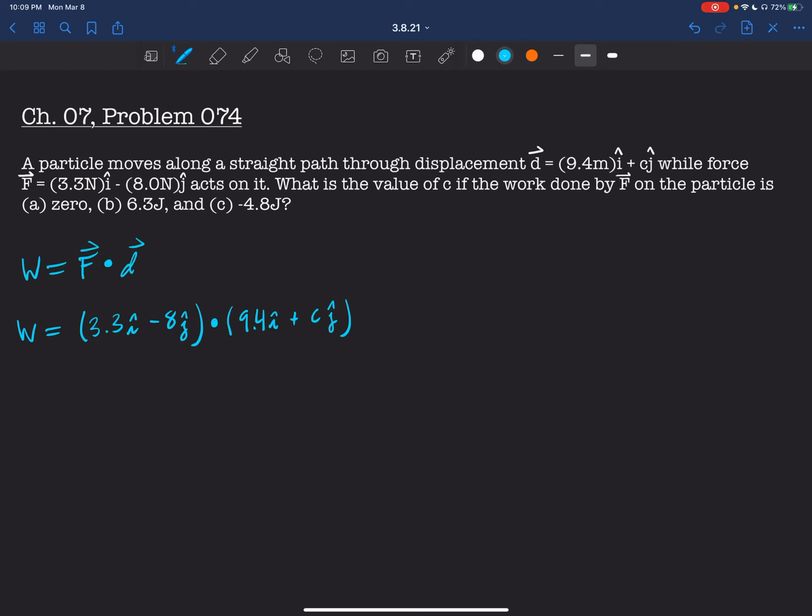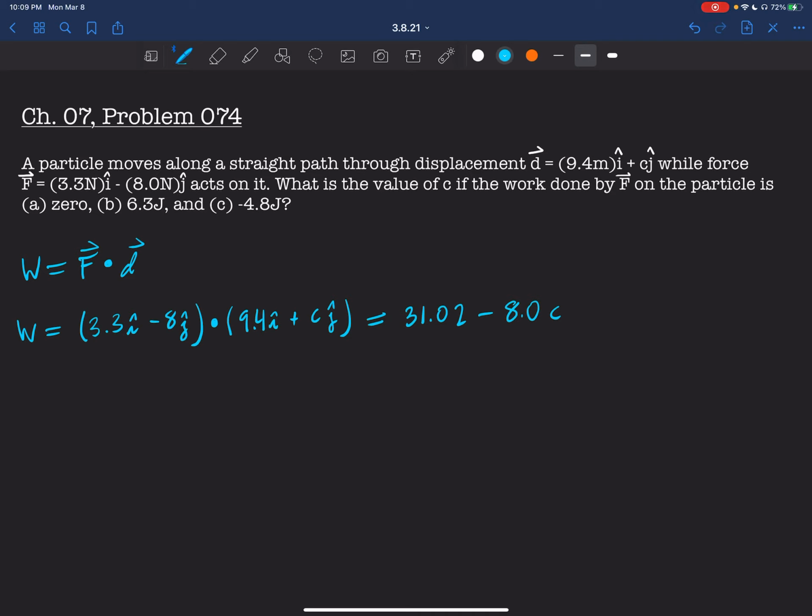And the dot product of this is just going to give us 31.02 minus 8.0 times C.